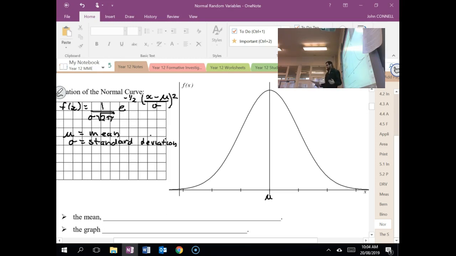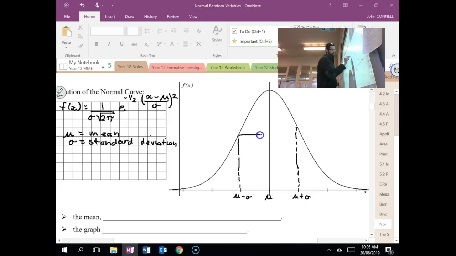We're keeping it open. You would find that the central value and the maximum value occurs at mu. You would then come one standard deviation out, and you would find that this is mu take sigma and mu plus sigma.